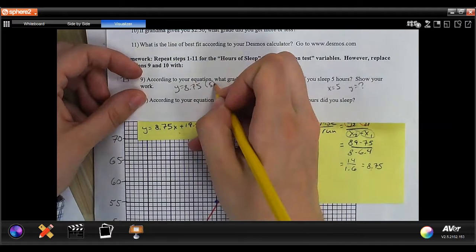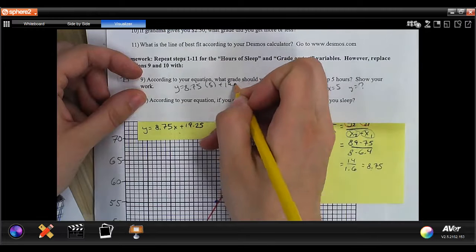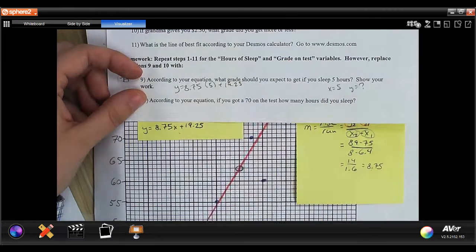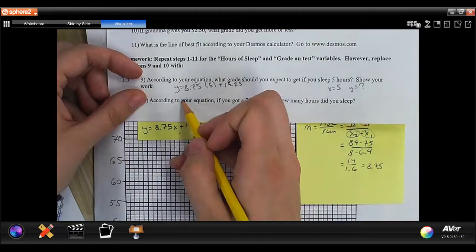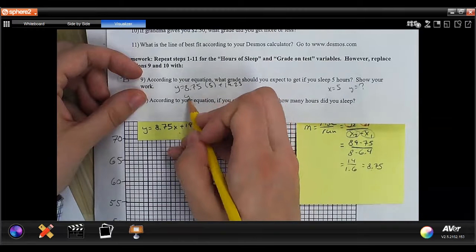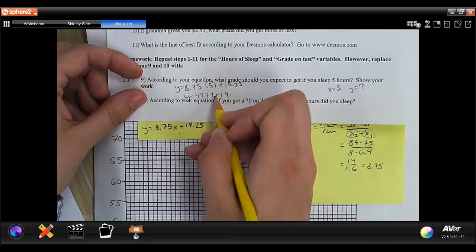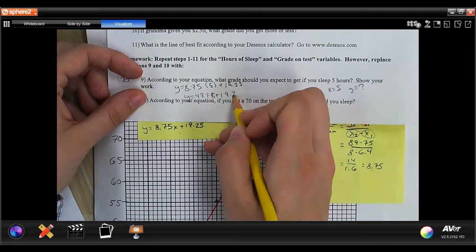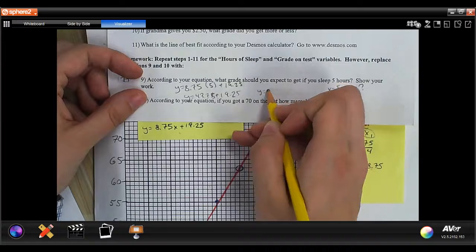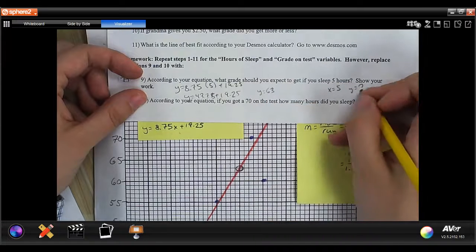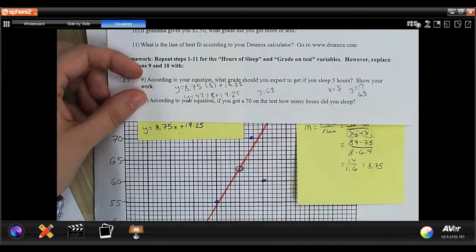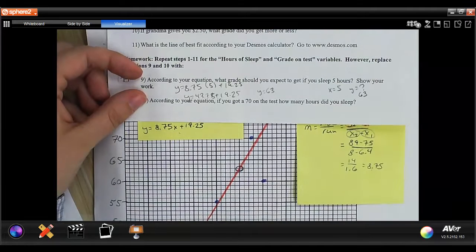I'm going to plug in 5 for my x and solve that. So I get y equals 43.75 plus 19.25. When I add that together, my y is 63. So if I get 5 hours of sleep, I get 63% on my test.